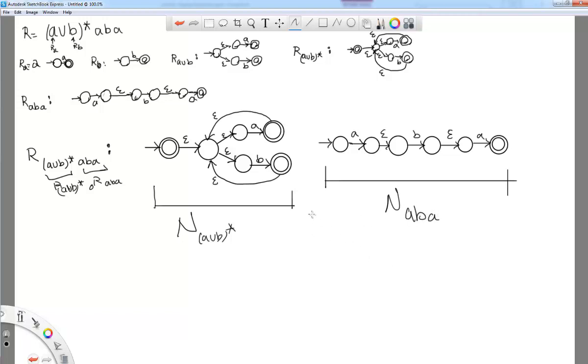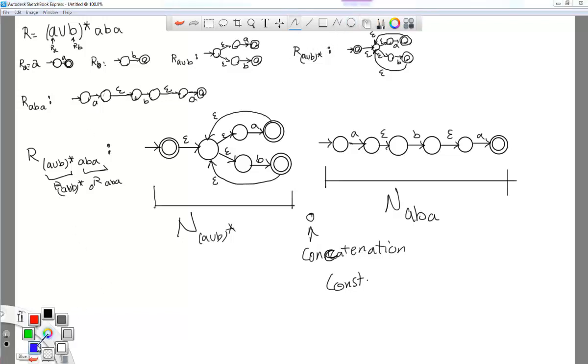And so all I need to do is use the concatenation construction. What does the concatenation construction do?